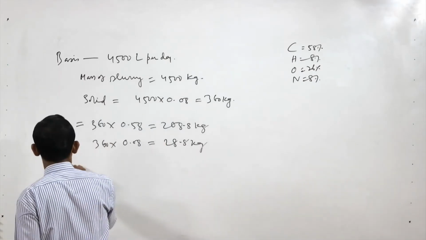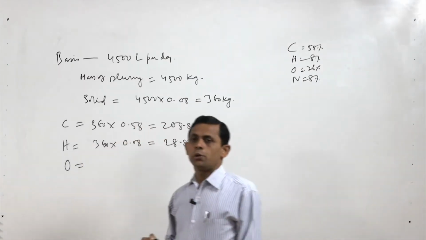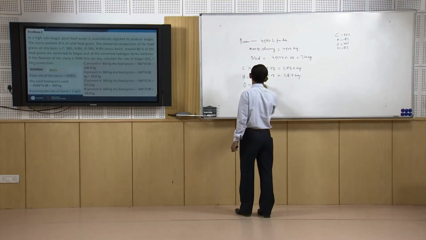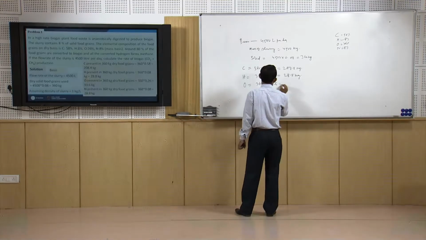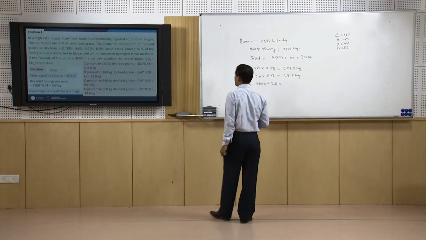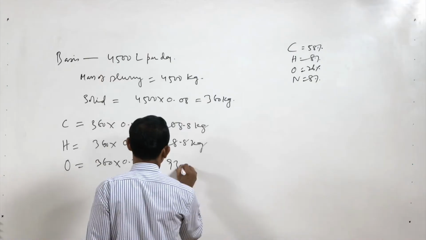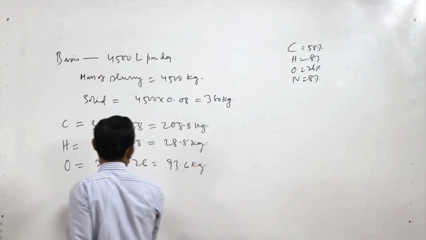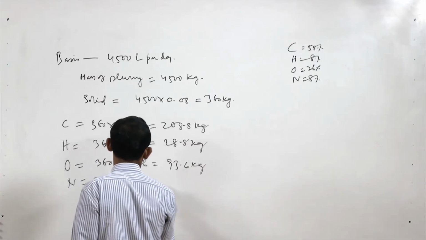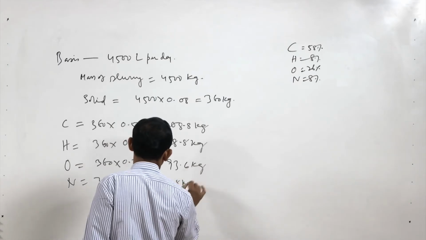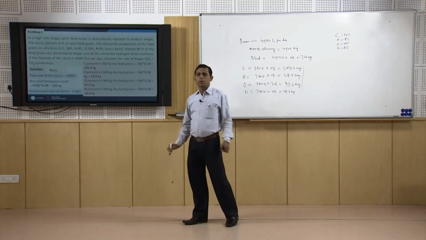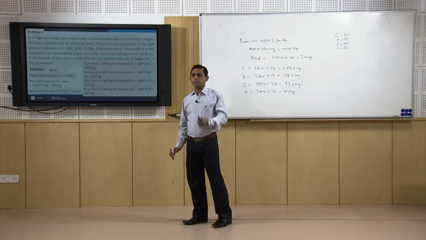Oxygen is 26%, so 360 into 0.26 kg, and that is equal to 93.6 kg. And nitrogen: 360 into 0.08, so 28.8 kg. So, these are the amounts of different elements present in the slurry.